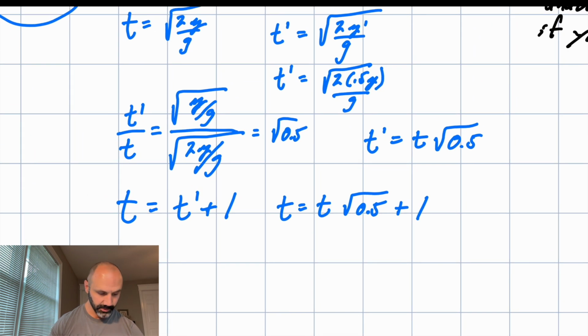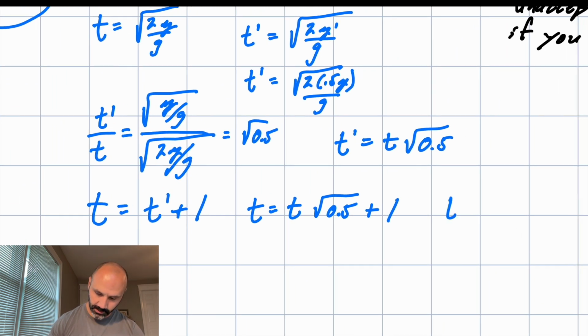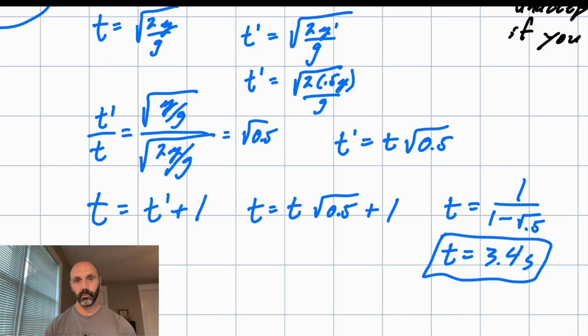When you solve it, t equals 1 over 1 minus the square root of 0.5, and you end up with t, total t, is 3.4 seconds. That's what I thought it would be, in the 2 to 3 second range, and that makes sense.